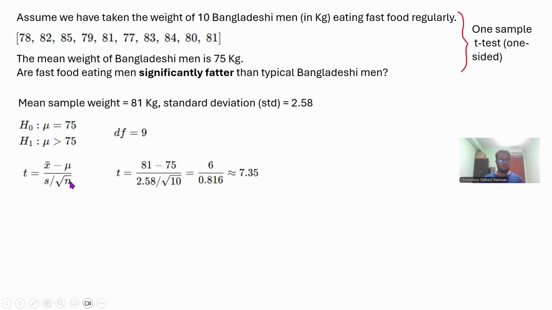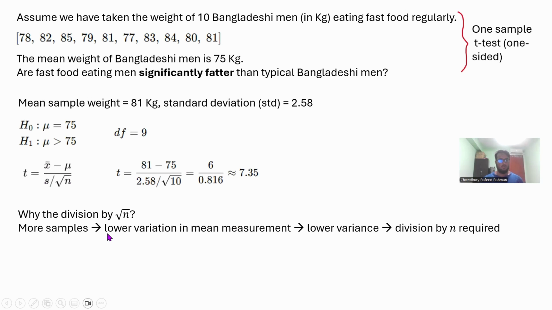And obviously, if we have more samples, we are going to have a lower variation in the mean measurement. That means lower variance, and that means we have to divide by n for lower variance. Now, we are not talking about variance here. We are talking about standard deviation. So standard deviation is nothing but square root of variance. So we are going to get the square root of n. That is basically the hand-wavy intuitive explanation of why the root n is there.